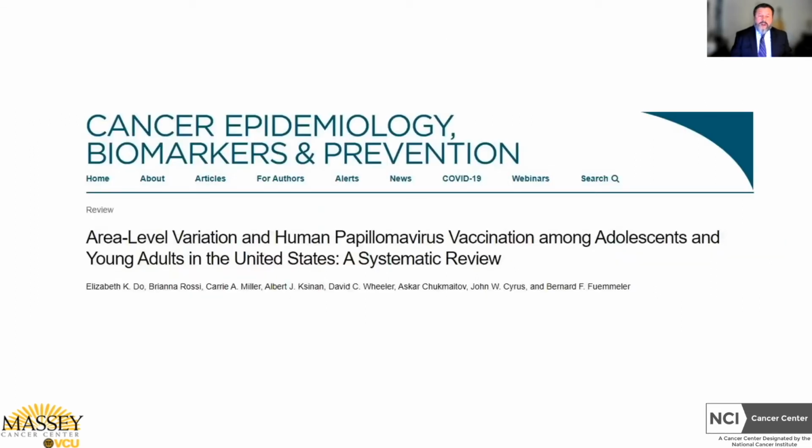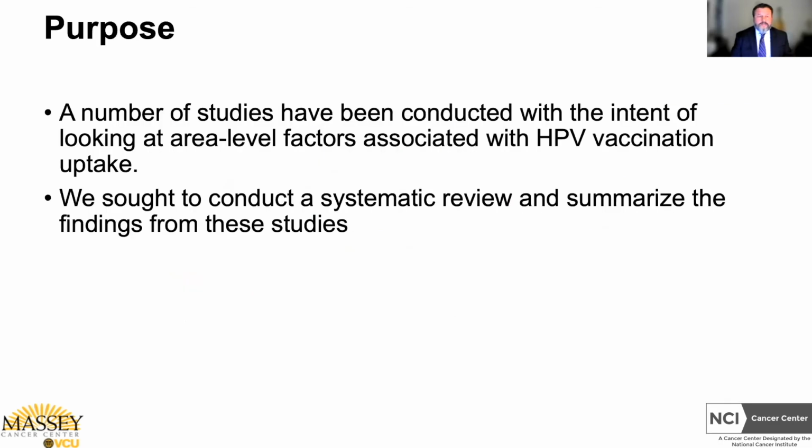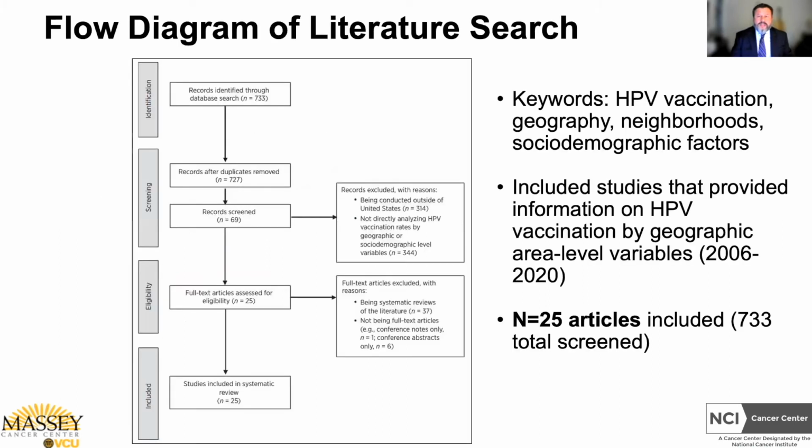So we were very interested in understanding what others were doing in this space, looking at how people are assessing area level variation in uptake. So we reviewed a number of different studies that looked at this research question, and we sought to conduct a systematic review and summarize findings from these studies.